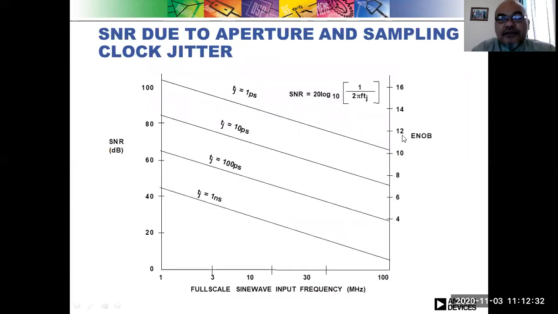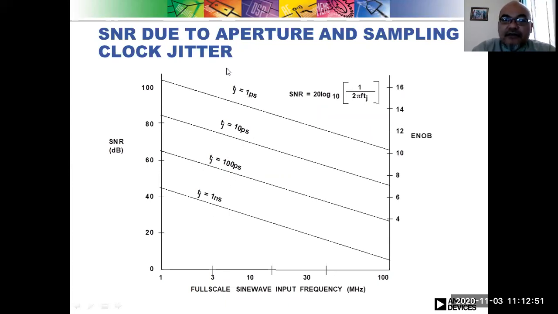This graph shows the SNR due to the aperture and sampling clock jitter. The signal to noise ratio will get smaller when the time of the jitter gets larger.